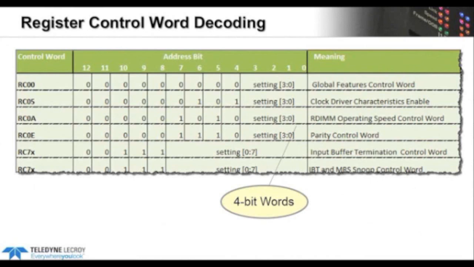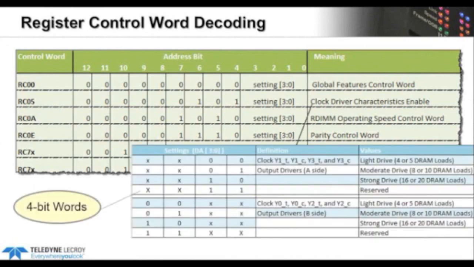Okay, so for example, the RC05 gives us a 4-bit configuration for setting the clock driver strength. This allows the host to boost the clock signal to a higher level, maybe to compensate for a too high stack or a different design, a different raw card. So register commands will play an important part in getting the system configured and really running at the higher DDR4 speeds.